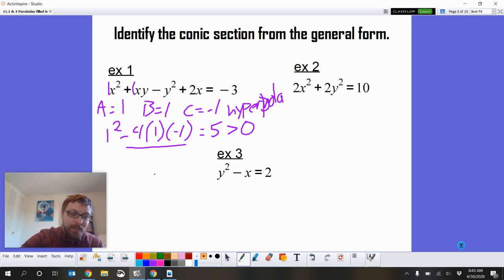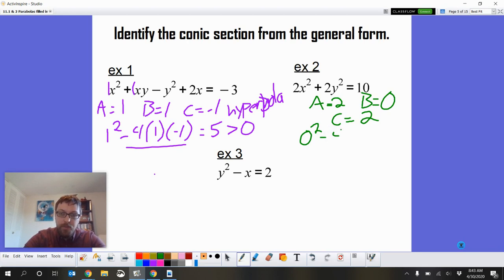In the next one, we've got an x squared term. That's our A, so that's 2. We don't have an xy term. If you can't see it at all, it's 0. If there's no number in front, the coefficient is 1. And our C value is 2. So we do 0 squared minus 4 times our A, which is 2, times our C, which is also 2.